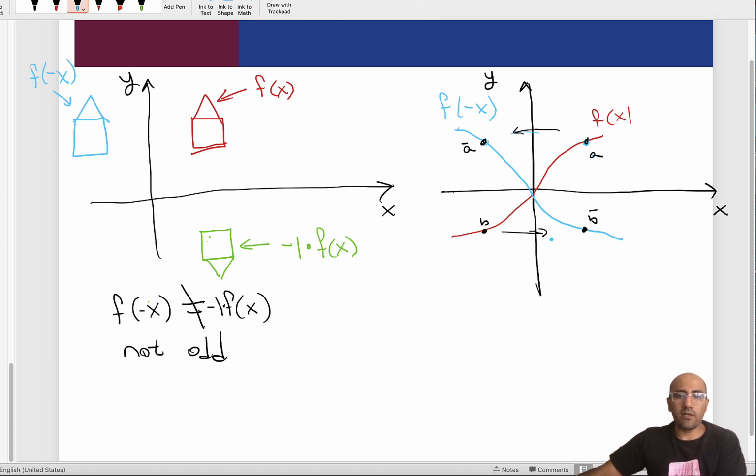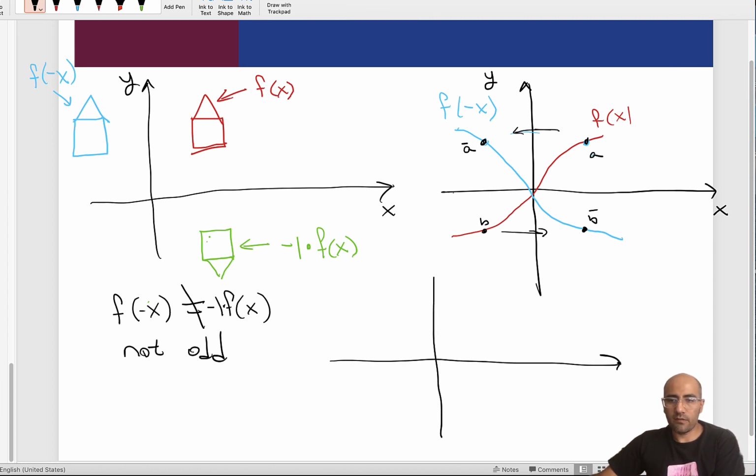But that's okay. Now let's say that we take the exact same graph, and remember I'm just doing it by hand here, so it might not be perfect. The exact same graph was something that looked like this. Here's f of x. Now we're going to do a reflection around the x-axis.